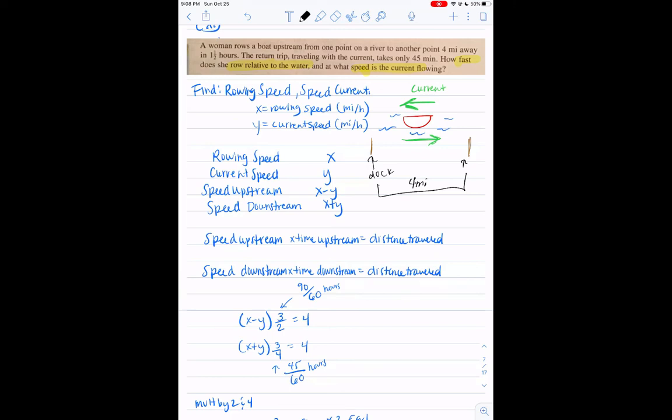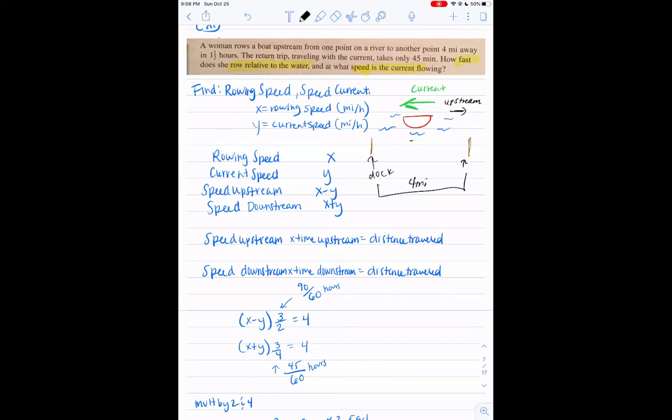I have two speeds. I have the speed it took to go upstream. This is when I'm going upstream.